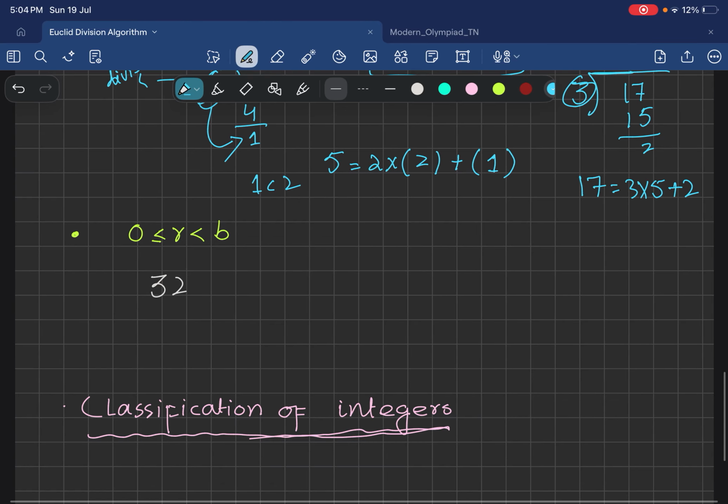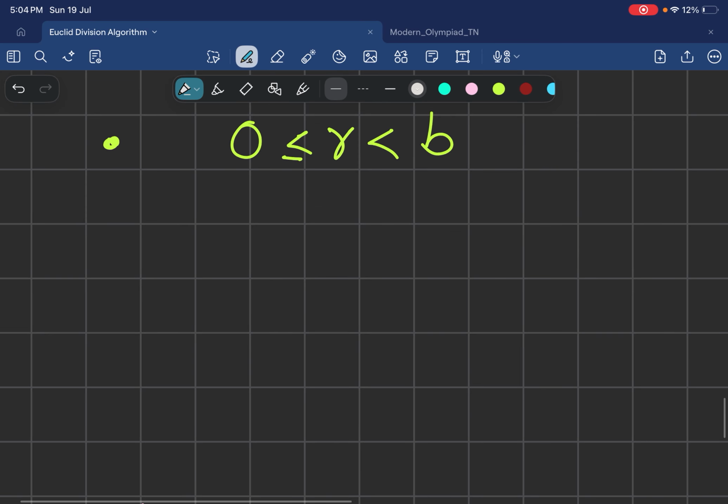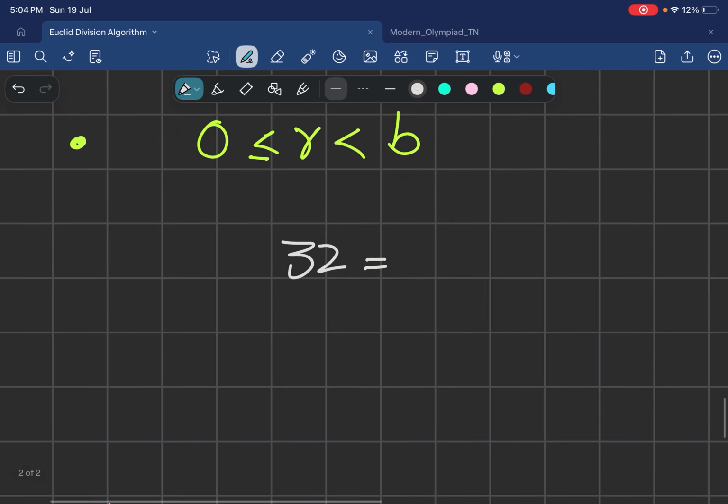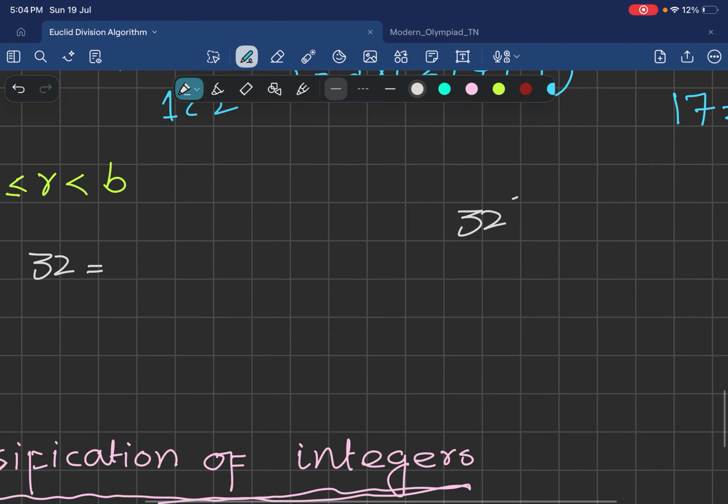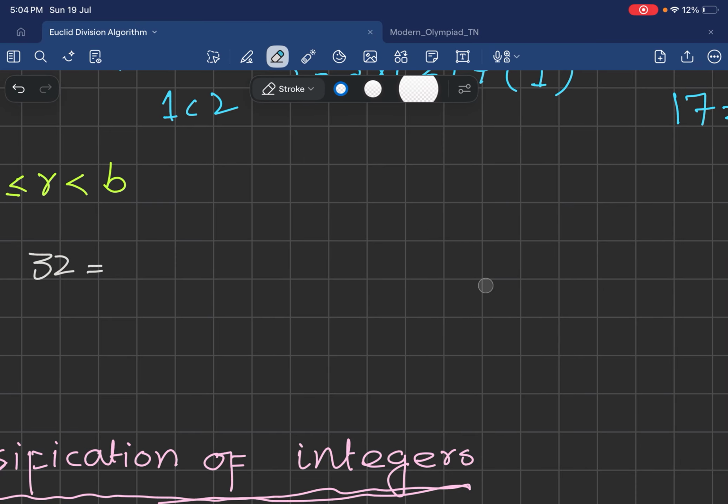And if I want you to write down 32 using the division algorithm, you can write it as such. You divide 32 by, let's say, 2, and 2 16s are 32, and here you have remainder 0.